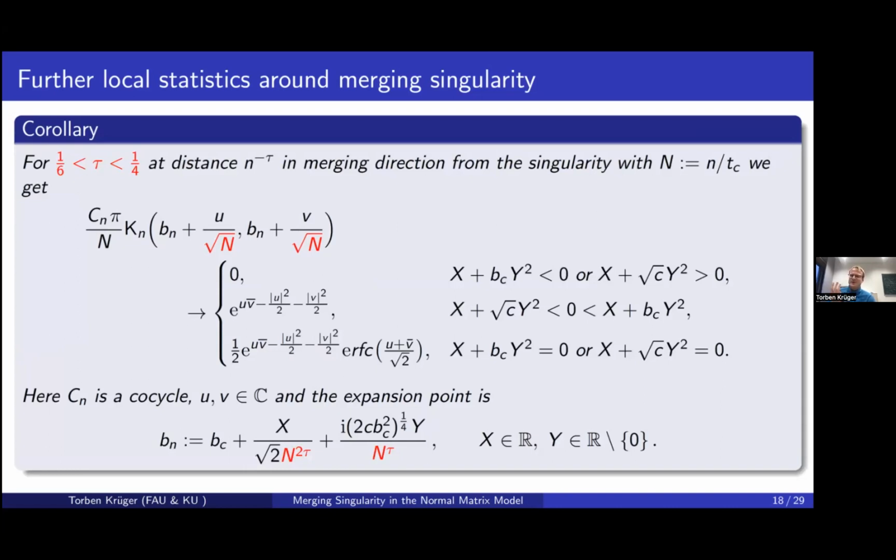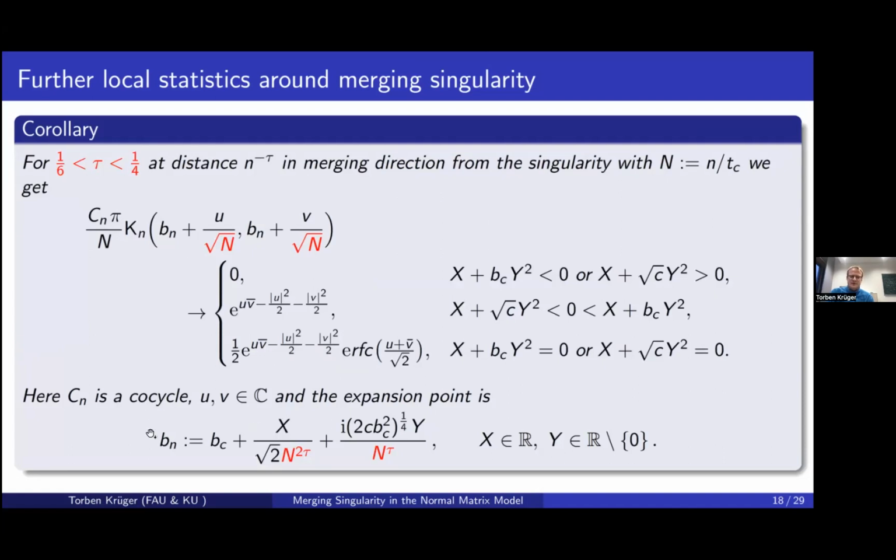Either you choose a point which is outside of the spectrum, that's basically away from the two confining parabolas. If you do that, then you get 0, of course, nothing happens there. If you choose something in between the two confining parabolas, you get the Ginibre bulk kernel. And if you choose something exactly at the edge point of the parabolas, you get the Ginibre edge kernel. These are these three cases.